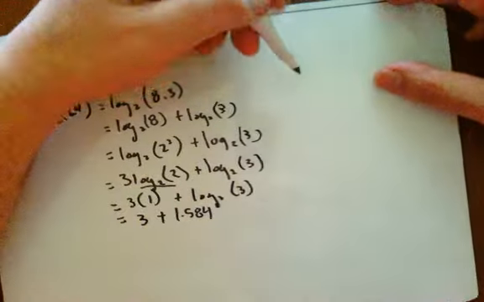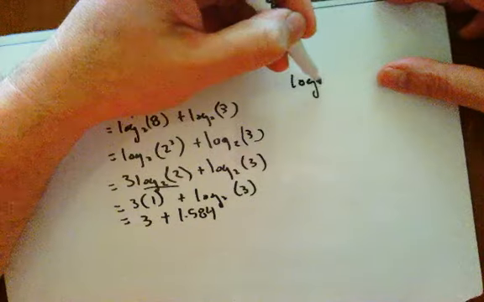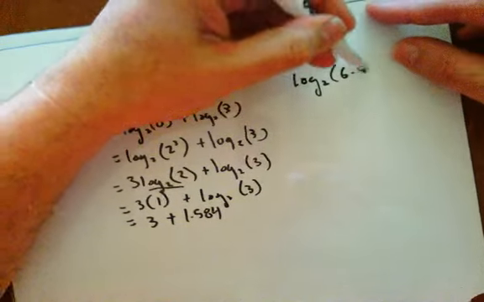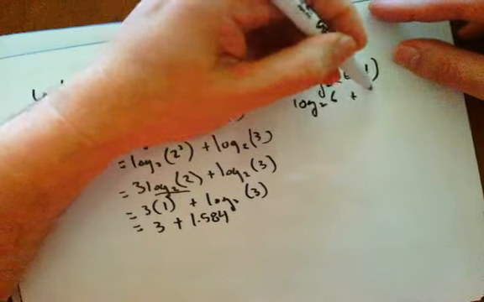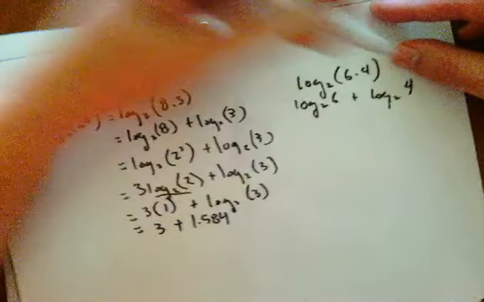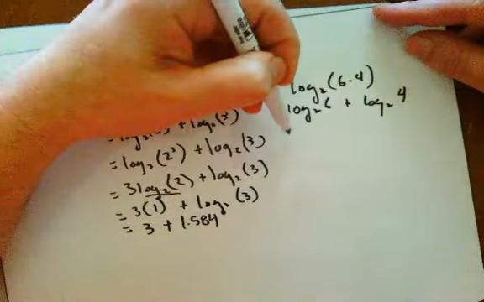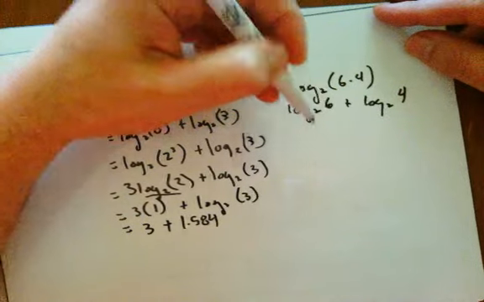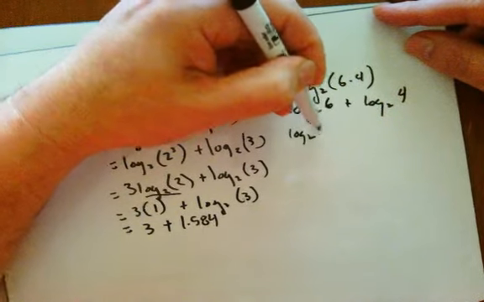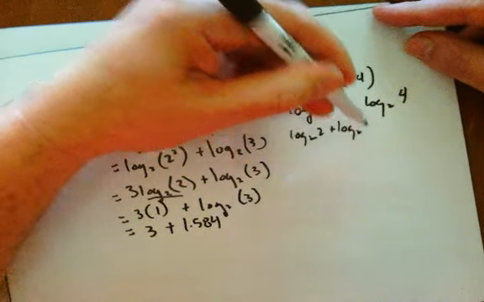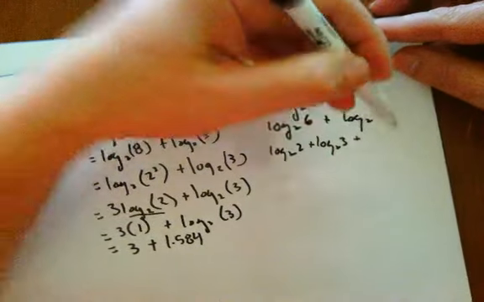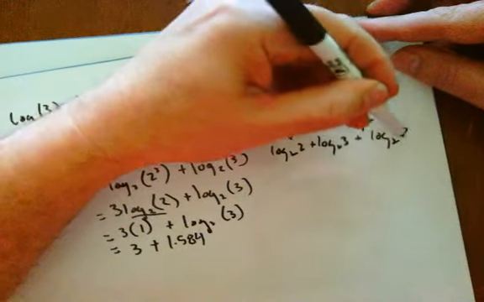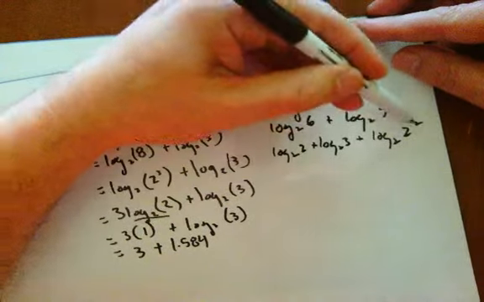But you might have thought to do this problem as log base 2 of 6 times 4, in which case you would have written log base 2 of 6 plus log base 2 of 4. And then you would have said, oh, 6 can be broken down into log base 2 of 2 plus log base 2 of 3. And log base 2 of 4 could be log base 2 of 2 squared.